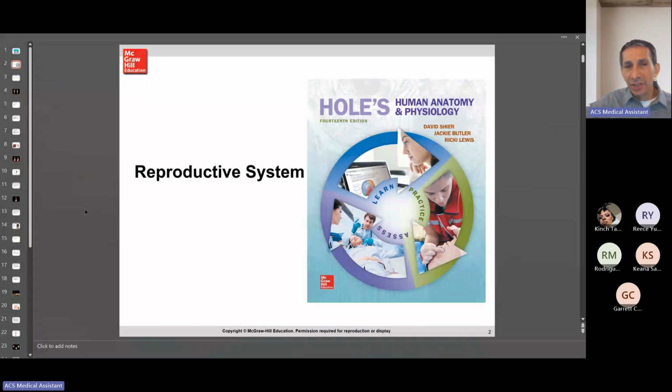What are their functions, each one of them, where they're located within the body, and certain conditions that happen to them when they are not working properly. So that is basically what we're going to talk about in this chapter. Reproduction, the ovaries, testicles, the hormones that are produced by females, the males' hormones, the reproductive cells, the sperm, and the ovum. So that's basically what we're going to talk about.